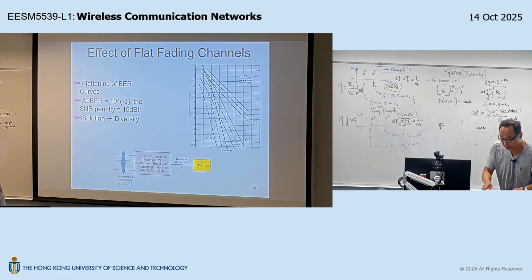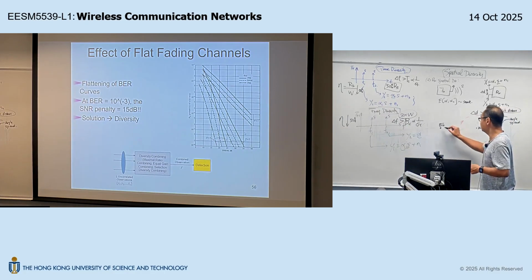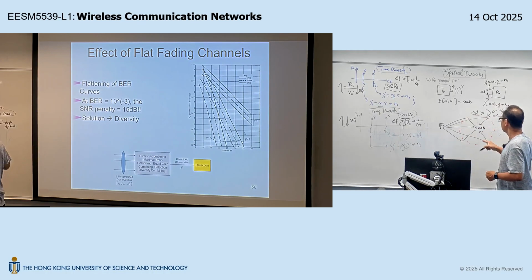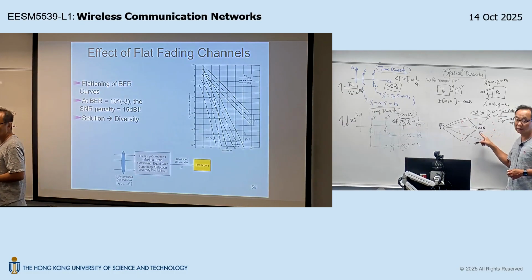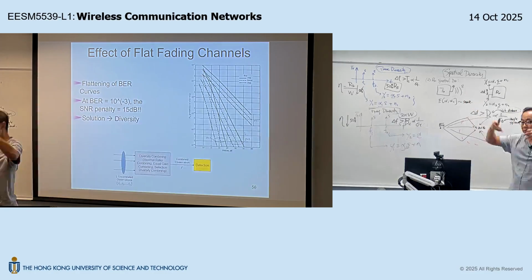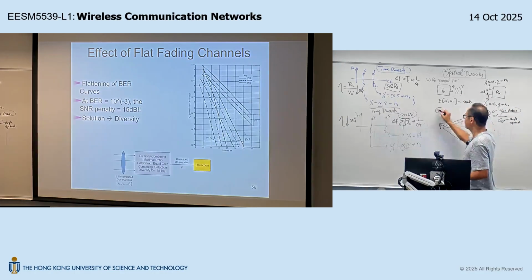So signals from the base station will reach the mobile receiver through the scattering. So to the mobile receiver, the signal received from the base station will be coming from 360 degrees. In this case, we say that the angle spread for the mobile is 2 pi.